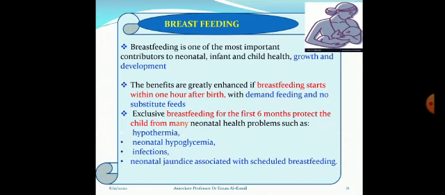The benefits are greatly enhanced if breastfeeding starts as early as possible, during the first hour after birth, so it is important to start immediately after birth, within the first hour of life.